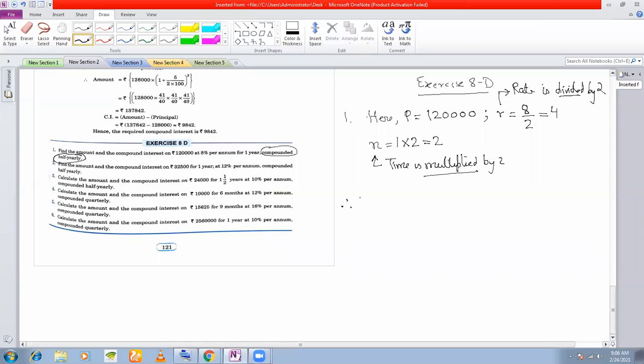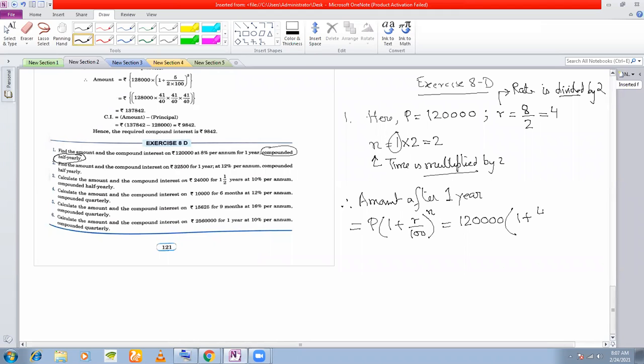Therefore, amount after 1 year, because N is equal to 1 year here. Amount after 1 year is equal to, write down the formula, P times 1 plus R by 100 whole to the power of N. P here is 1,20,000.